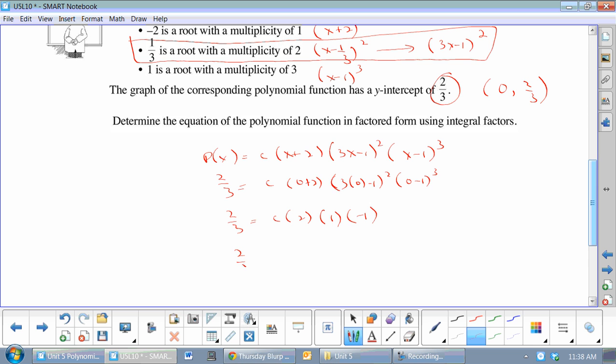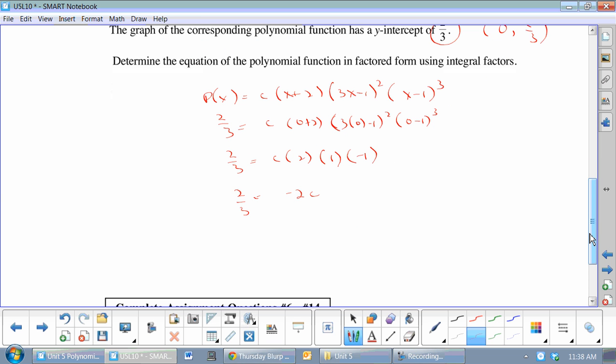So basically I have 2/3 equals negative 2c. Now this always gets people right here, okay? Like, oh man, I don't know how to do this. So do this. 2/3 divided by negative 2 over 1, right? That's what it means. 2/3 divided by negative 2. And we know division is the same thing as multiplication by a reciprocal.